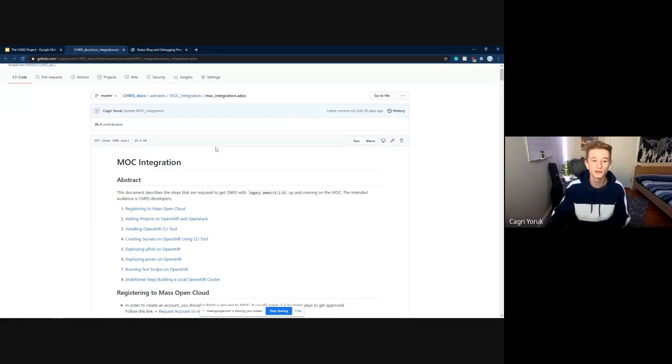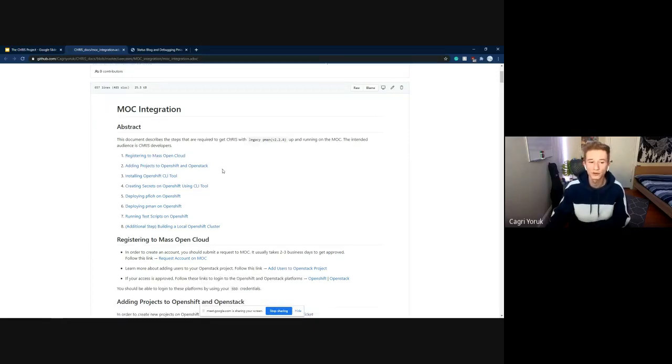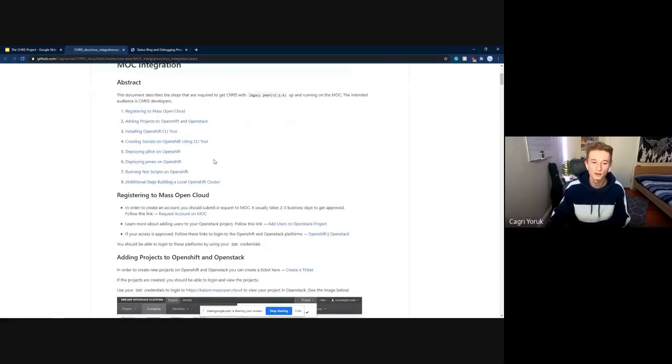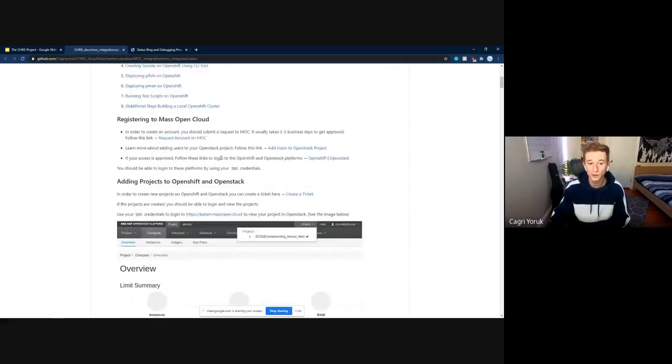So we can see that we have a couple of steps for integrating ChRIS with the MOC, like registering to Mass Open Cloud and adding projects. I built this documentation on top of the documentation we already had, so I try to give as much detail as I can.